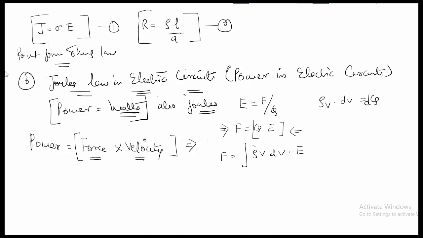And the next thing is, what is my velocity? My velocity is my drift velocity, so that will be multiplied here.